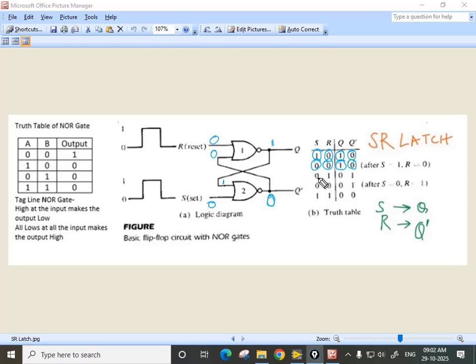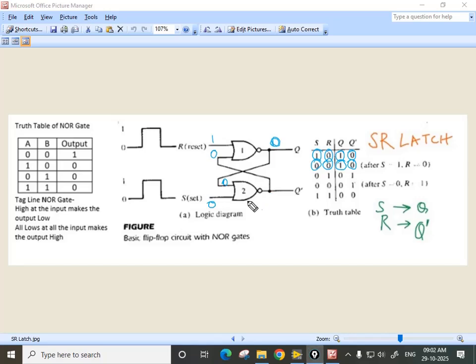Then we have S equal to 0 and R equal to 1. So let's set R equal to 1 now. When R equal to 1, then what we have? 1 at the input makes the output low. So this is low. It comes over here as feedback. Now this becomes 0. 0, 0 makes the output high.